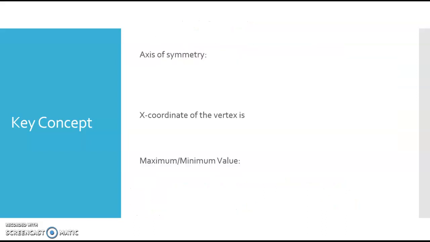So just a reminder, the axis of symmetry is the line that goes through the middle of the parabola, located at the vertex. The line that goes through the vertex. Now remember, this is a line, so you have to have the x equals.